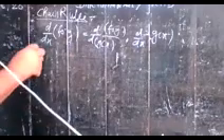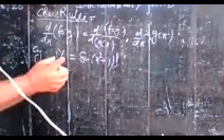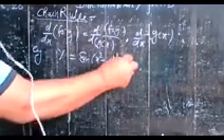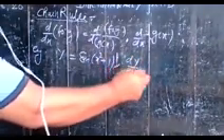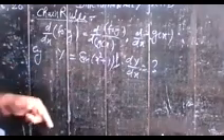Suppose I give you an example. Suppose you have the function y is equal to sine of x square plus 1, and your aim is to find dy by dx, the derivative of the function with respect to x.